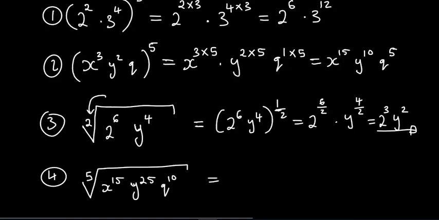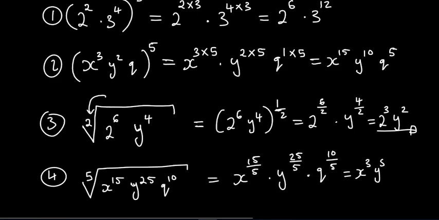Since now you know, it's going to be x to the 15 over 5, times y to the 25 over 5, and q to the 10 over 5, which will give you x to the 3, y to the 5, and q to the 2. So that's basically it for the introduction to exponential laws.